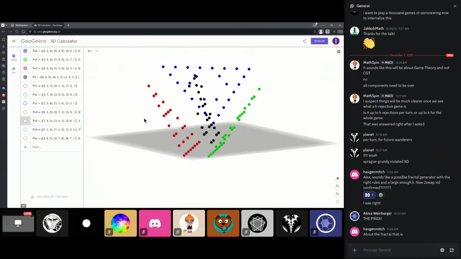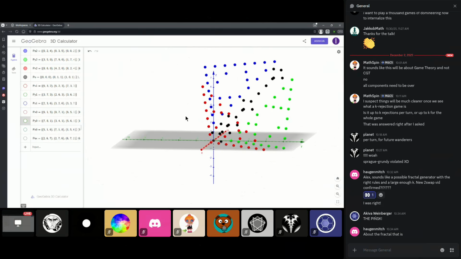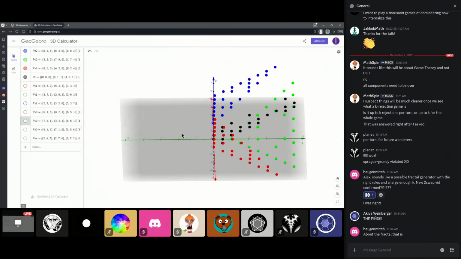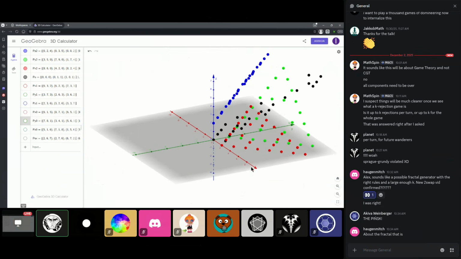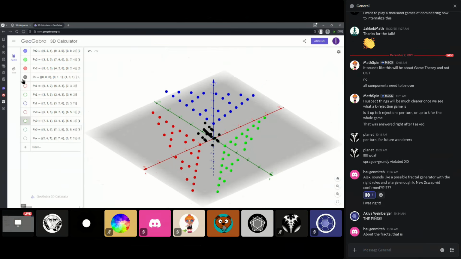What is the coloring? Maybe that makes sense a bit. So these red ones are the ones where the X heap is the biggest. The green ones are the ones where the Y heap is. What about those other ones?